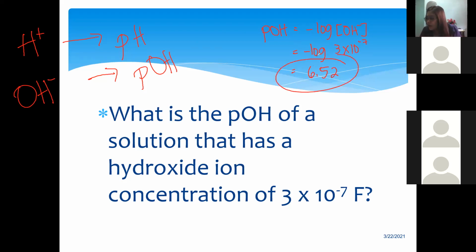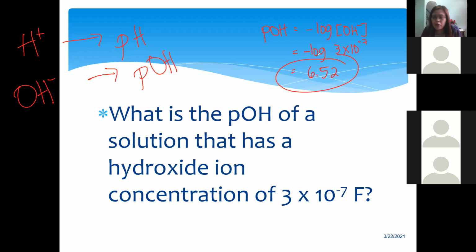6.52. Now, sa POH, you cannot determine here whether your substance is acidic, basic, or neutral. It's not the same with the pH na we will follow the scale na 1 to 14, and then malalaman natin based on that kung acidic, basic, or neutral yung substance natin.